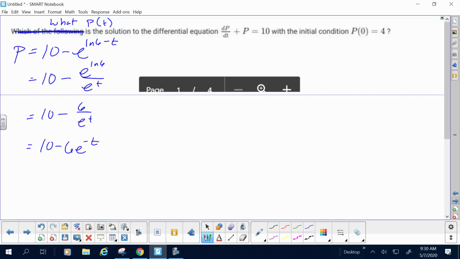All those are equivalent, all right? Now, if you had anything like that or mathematically equivalent, you're good to go. If not, then let's talk about it.